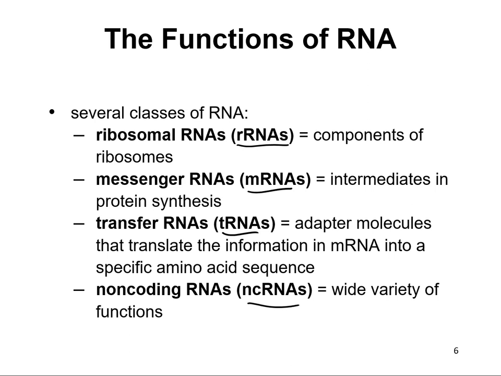These are adapter molecules that bind to amino acids. So it recognizes a 3-letter code on the mRNA, and it brings along with it the correct amino acid so that the polypeptide strand can be formed. So you've got the tRNA recognizing the mRNA, and then on the other side, this growing polypeptide chain.